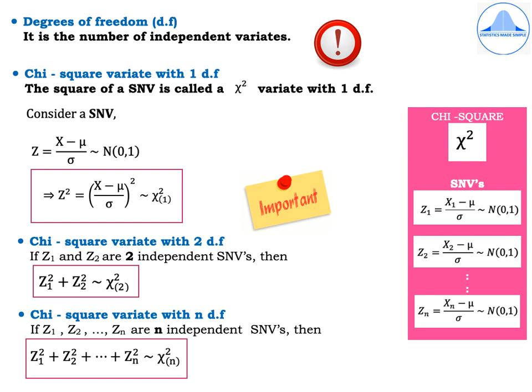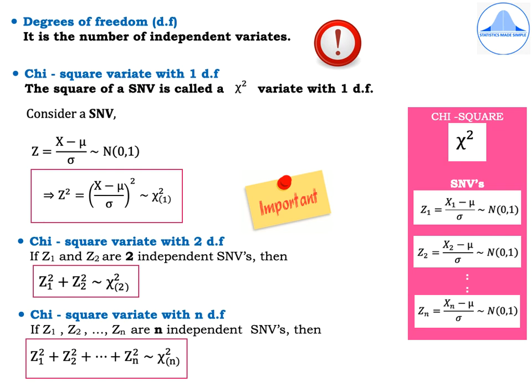It will be (x1 minus mu) divided by sigma. Z2 will have the formula (x2 minus mu) divided by sigma. Similarly, Zn will have the formula (xn minus mu) divided by sigma. So totally how many normal variates do I have? I have n normal variates.